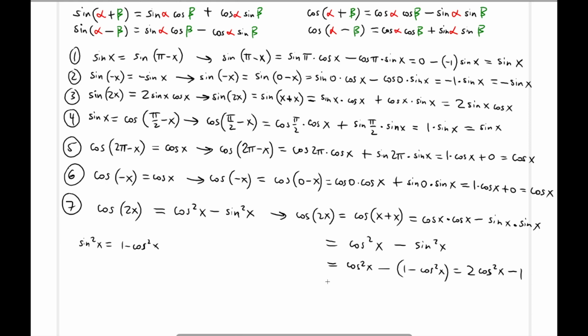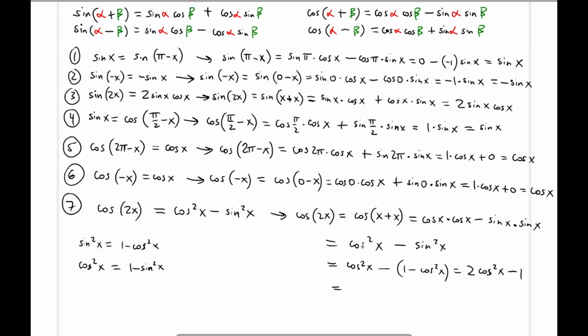But you know what? That's not even everything yet. There's one more way, because we know that cosine squared x, if you rewrite this formula, can be written as 1 minus sine squared x. Okay? So that means the cosine of the double angle can be also written not just 2 different ways, but also 3 different ways. There's a third way, right?